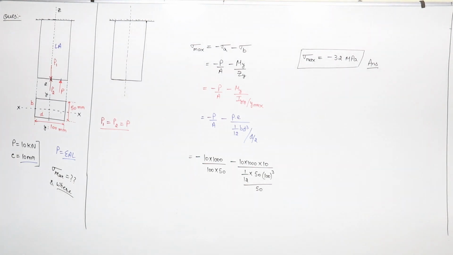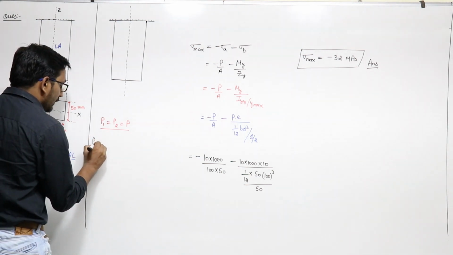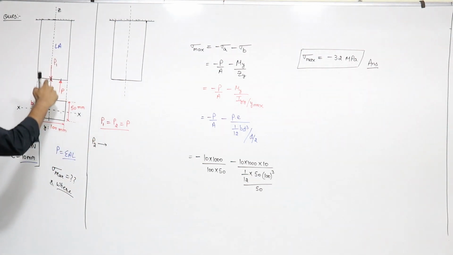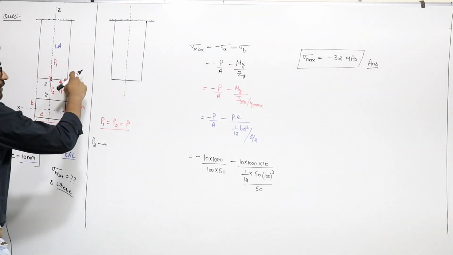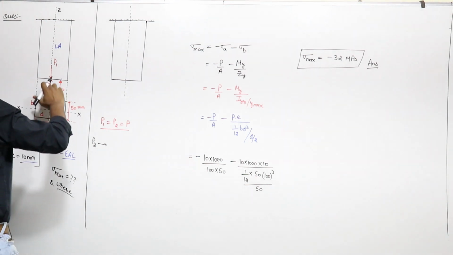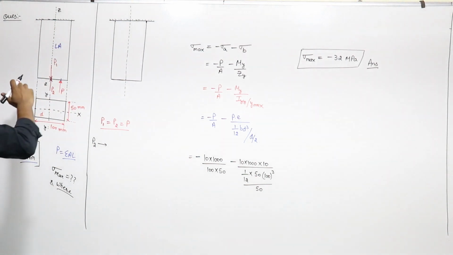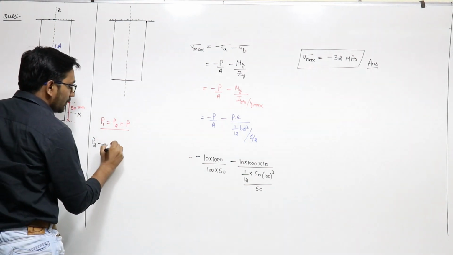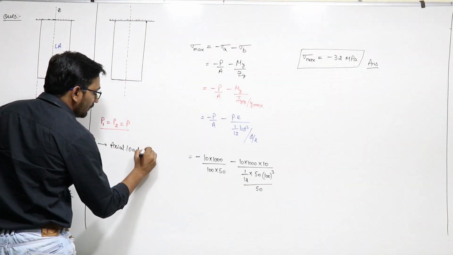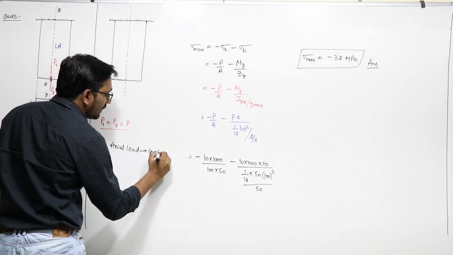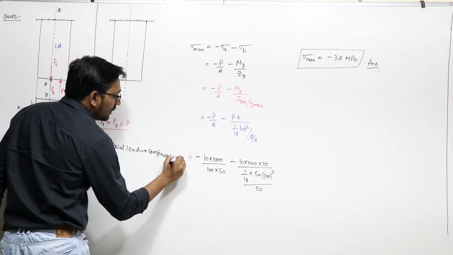In this case, P2 will be an axial load. How axial? It is perpendicular to the cross section, parallel to the longitudinal axis and passes through it. So P2 will be an axial load, and specifically a compressive axial load.